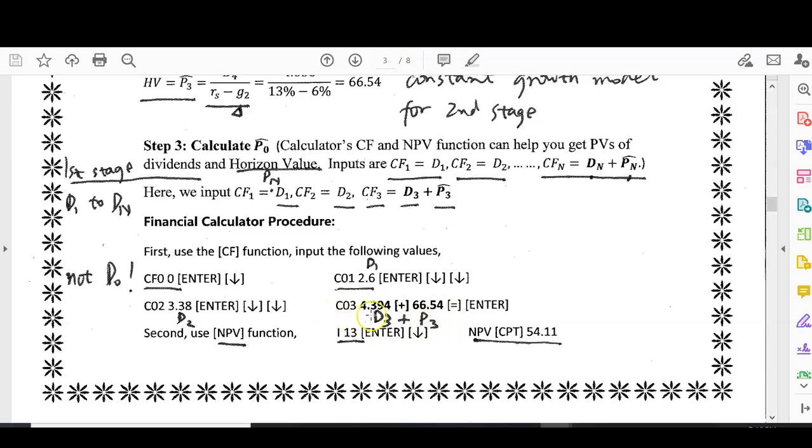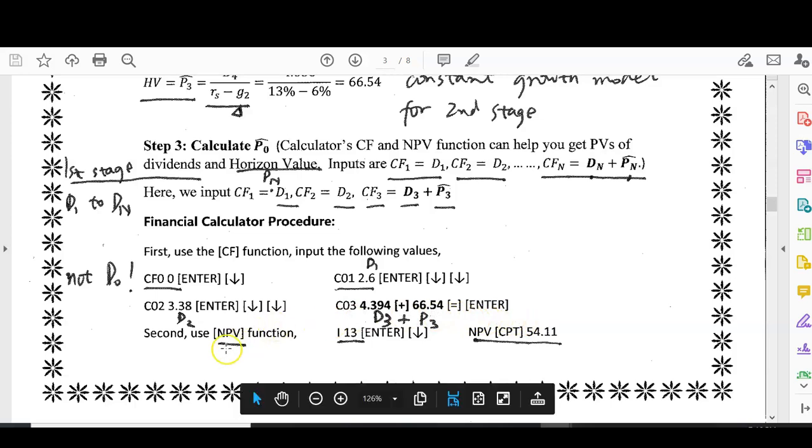Okay, again, cash flow 3 means the cash flow that occurs at time 3. We have two flows here, D3 4.394, P3 66.54, so we add them up, okay, equal sign, enter.